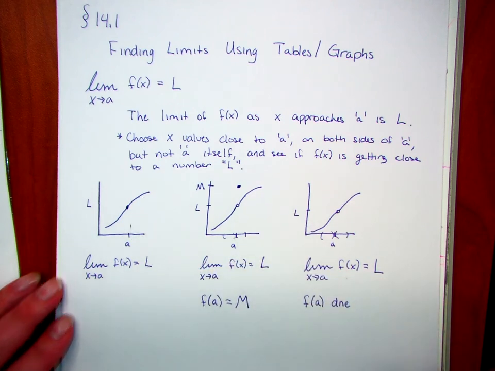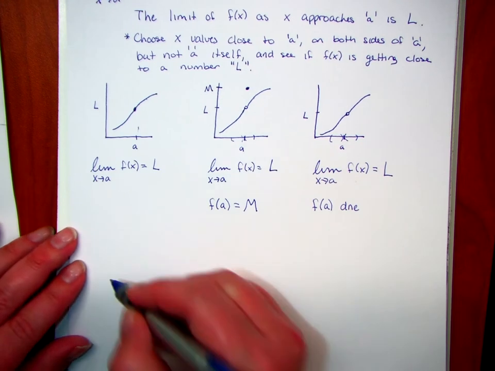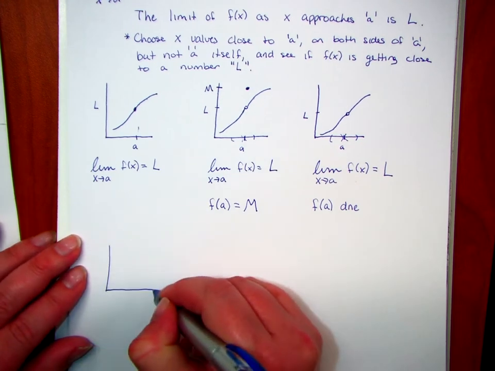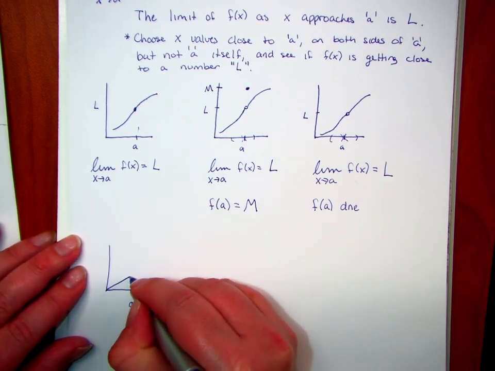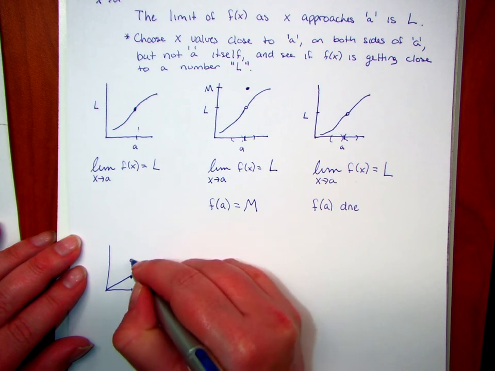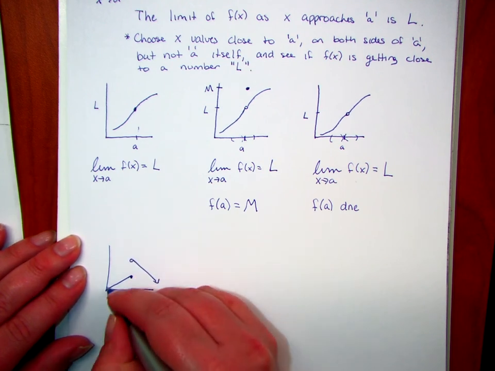All right. So when does a limit not exist? Just for example, let's say here's a, and let's say we had something like so.